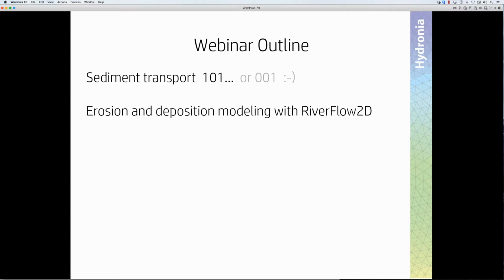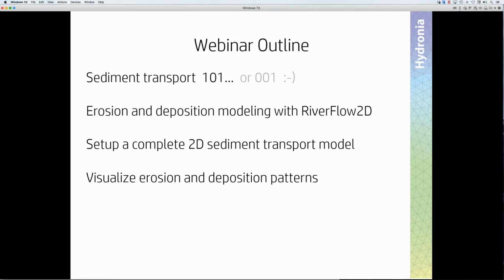I will then talk about how we implement erosion deposition modeling using RiverFlow2D. I will show you how to set up a complete two-dimensional sediment transport model using RiverFlow2D. This will end in a visualization. I will show you how to visualize erosion deposition patterns in the example we are going to run.